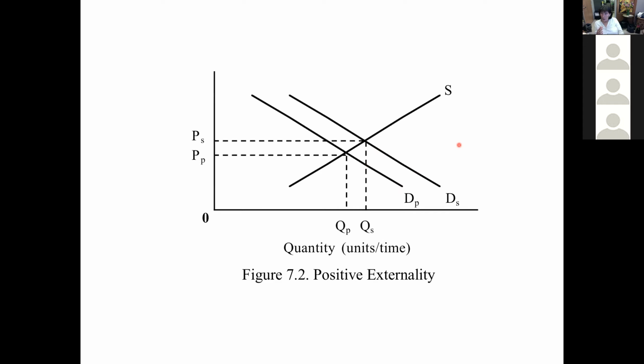Let's go back to the lawn example. I have a lawn, and everybody wants me to take care of it. In some states, you can actually get fined if you don't mow your lawn. That is a correcting tax that will shift this curve up to there by forcing people to take care of those lawns. You've got junk in your yard, we can fine you.